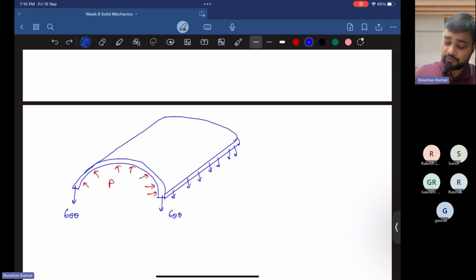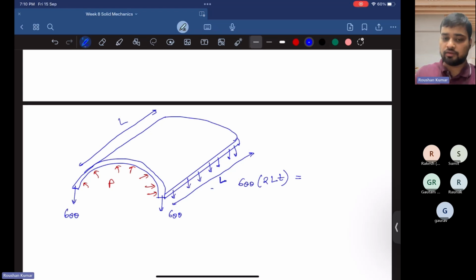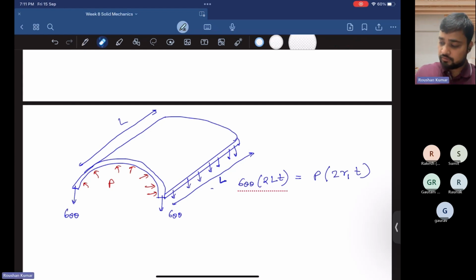If we do the force balance along the theta direction, we get sigma theta theta times the length of the cylinder L, and we have two sides, so 2L times thickness T, equal to the pressure acting along the theta direction, P times the whole width, that is 2 R1 into L. Sorry, L, not T, because this is L and this is R1.